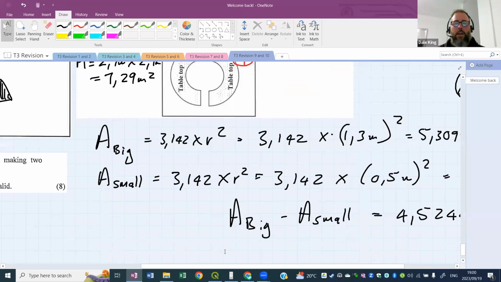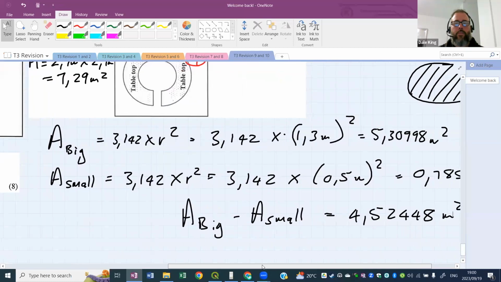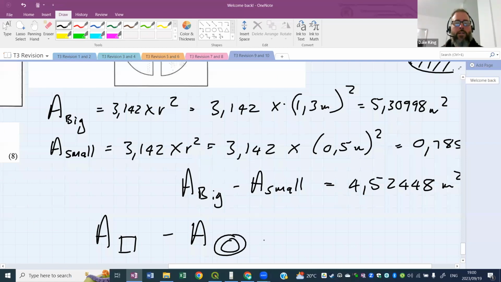Okay. All right. Now what do I do? You're going to minus the total of the area of the big circle and small circle from the area of the wood, the square. Very good. So we're going to take the square. We're going to minus that funny donut shape. I'll call it a donut shape.